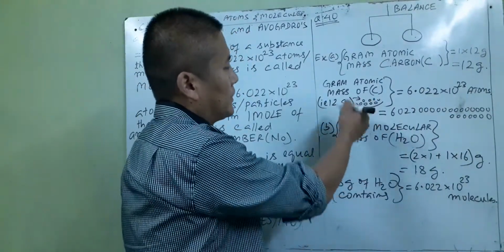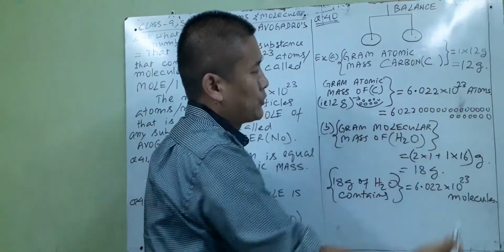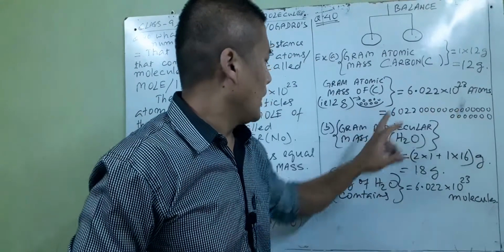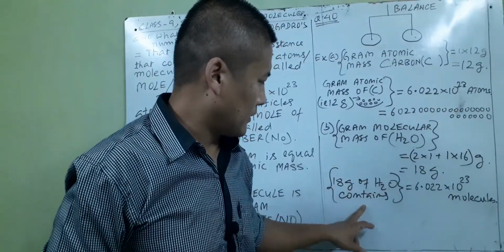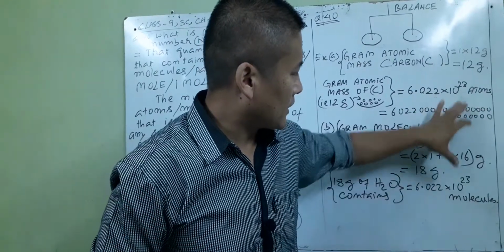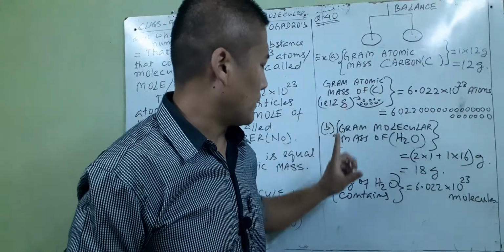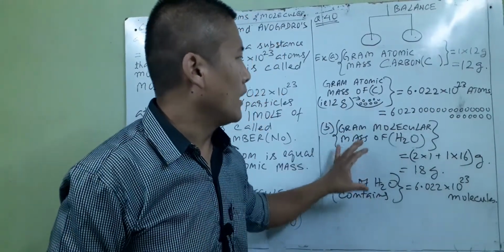So this amount here, 12 gram of carbon, contains 6.022 into 10 to the power 23 atoms, and this 18 grams of water, the gram molecular mass, contains the same number, 6.022 into 10 to the power 23 molecules.